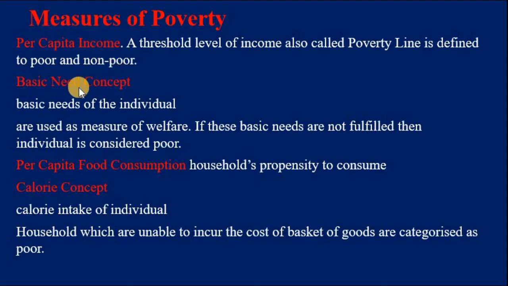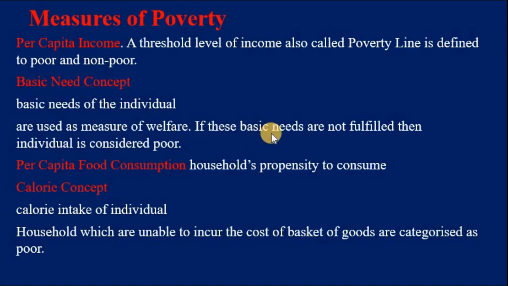Then we see another one, that is the basic need approach. In this approach, we discuss the basic needs of an individual. What are the basic needs? Food, housing shelter, health services, clothing, education, etc. These are the different things we use for measuring the welfare of an individual.